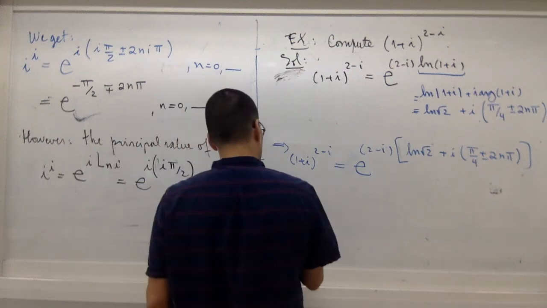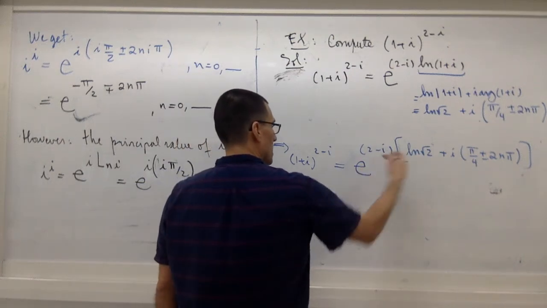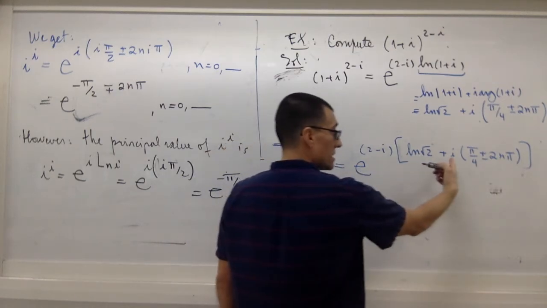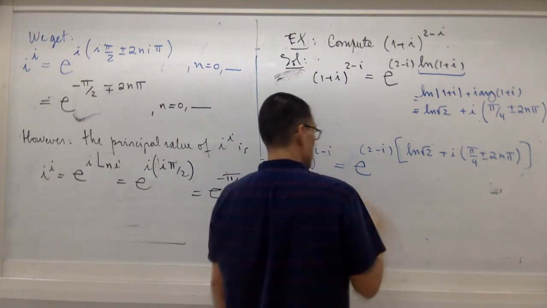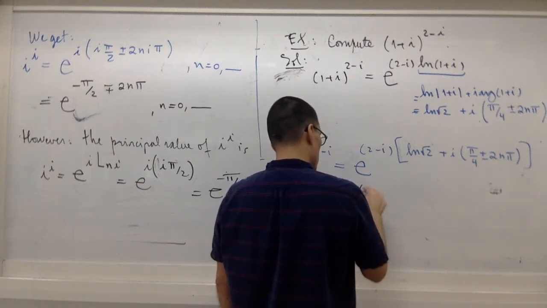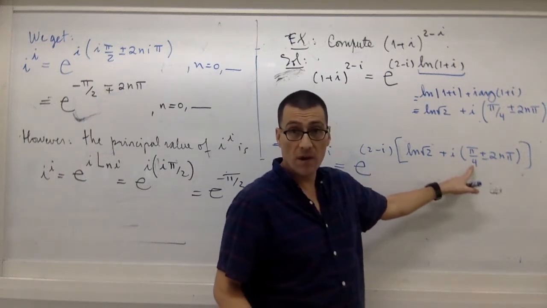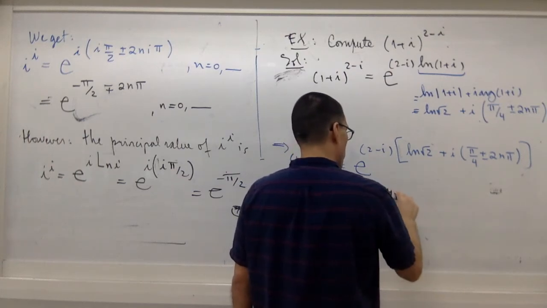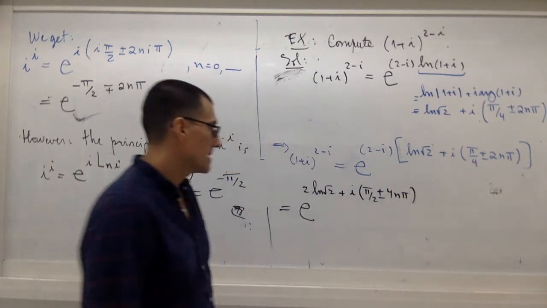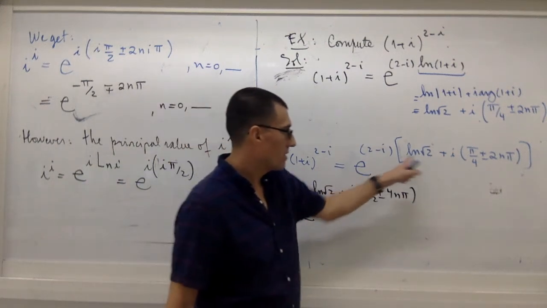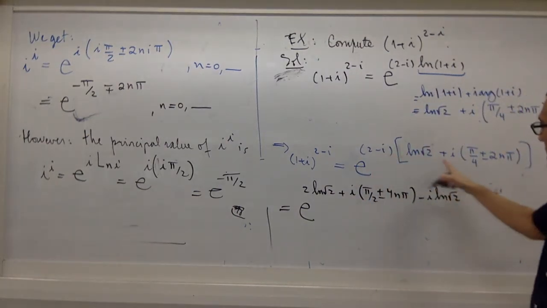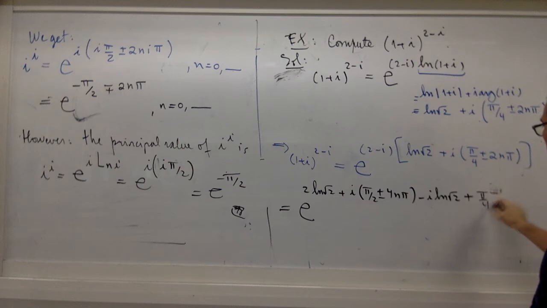You get the exponential of 2 ln square root of 2 plus 2i times (pi over 4 plus 2n pi), so you can write pi over 2 plus or minus 4n pi, because 2 divided by 4 is 1/2. And then you multiply the whole thing by negative i: negative i ln square root of 2, and then negative i times i is positive 1, plus pi over 4, plus or minus 2n pi.